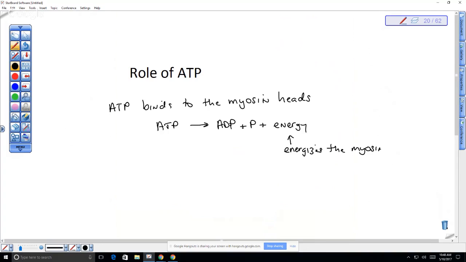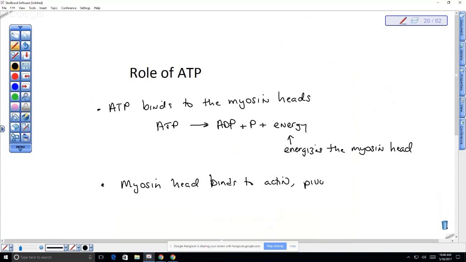The myosin head then binds to the actin. Binds to actin. And it releases that energy by pivoting, right?